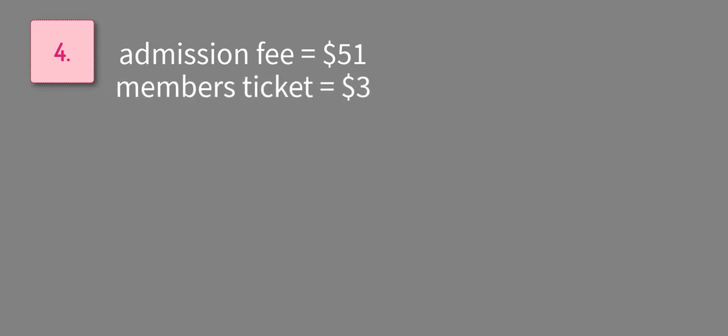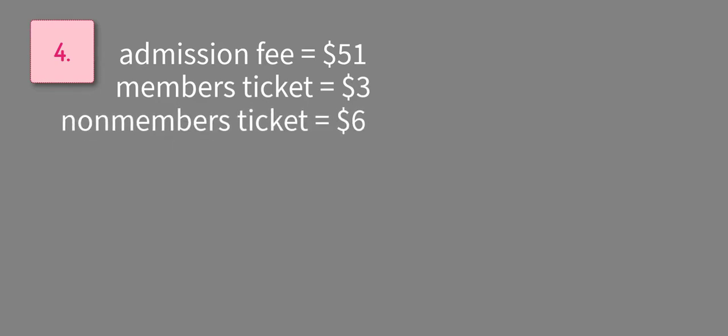Now in the last problem, we are given that members of the Moose Lodge get discounted tickets to their concerts. There's a one-time membership fee of $51. Concerts for members are $3 per ticket, and for non-members it's $6 per ticket. We want to know when these amounts are going to be equal.